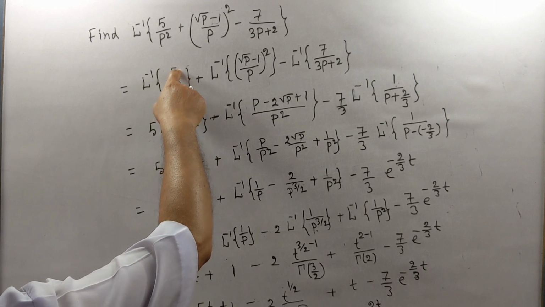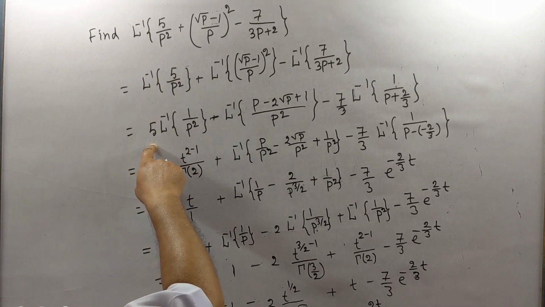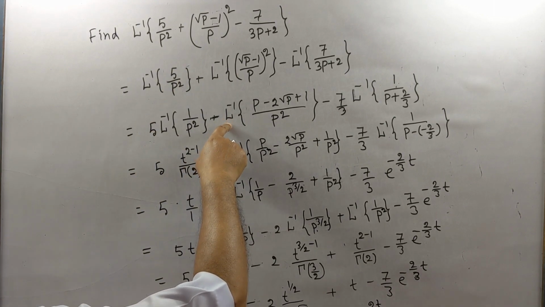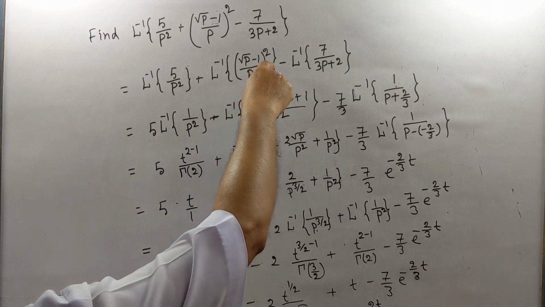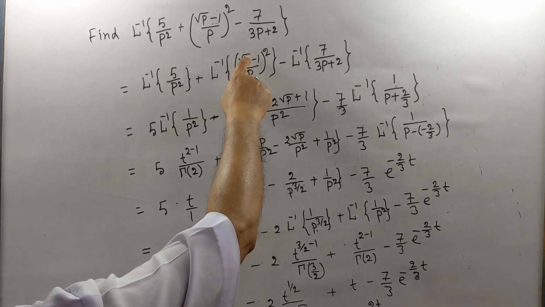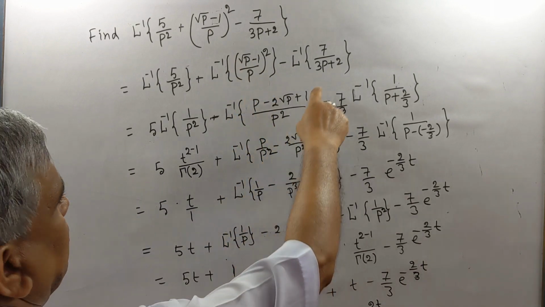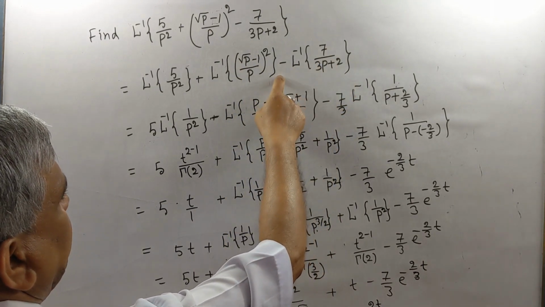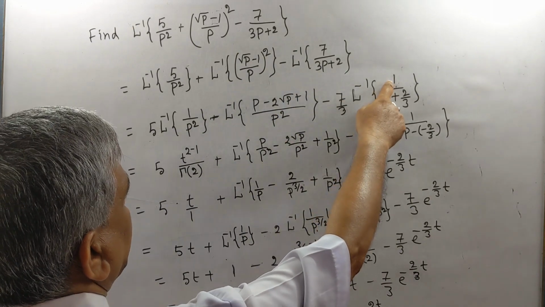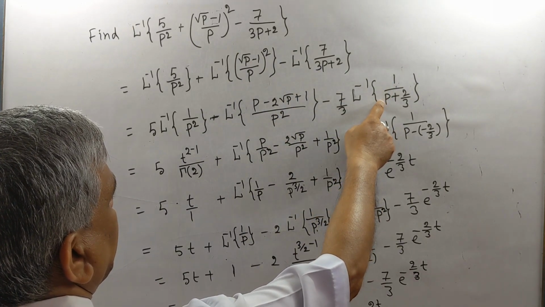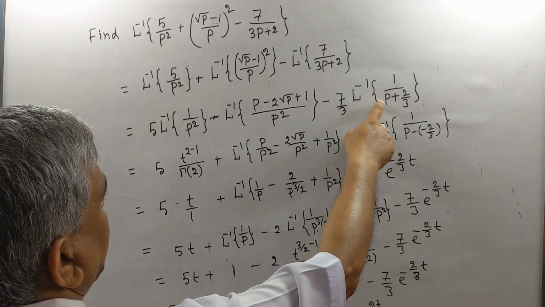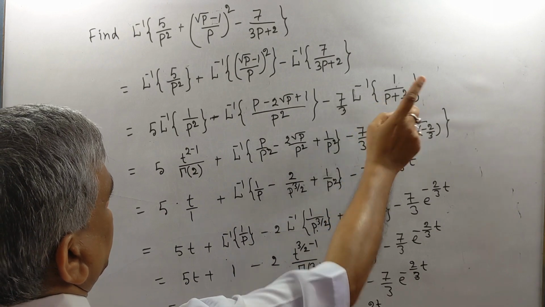Here we may take 5 outside. We take 7 and 3 outside, so remains 1 here. If we take 3 common, then remains p plus 2 by 3.